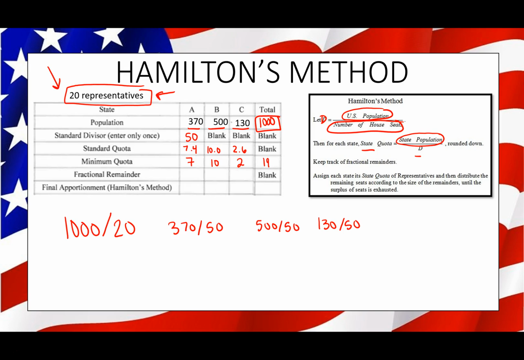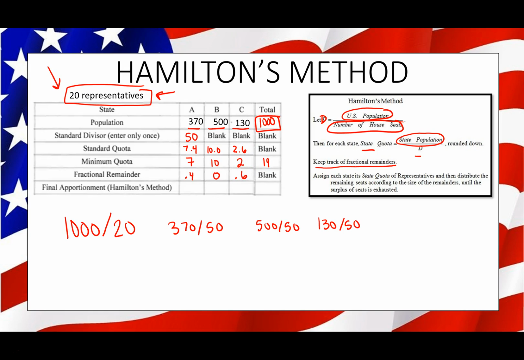So what Hamilton's method does is it makes you keep track of the fractional remainders. So what is 7.4 minus 7? Well, that gives us 0.4. What's 10 minus 10? Well, that's 0. And what is 2.6 minus 2? That is going to be 0.6.